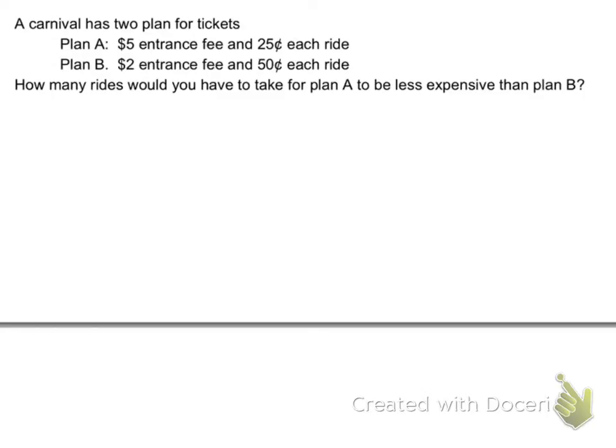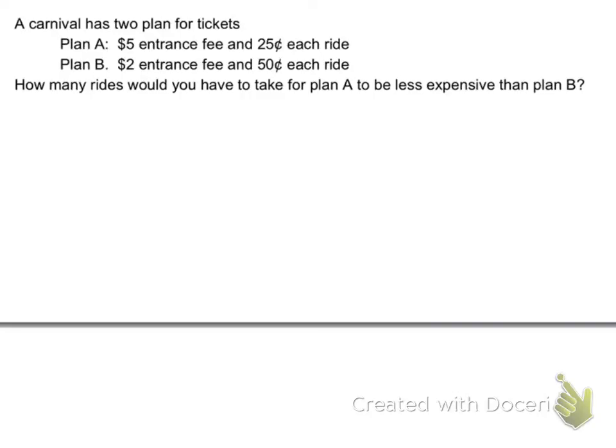So now we're starting to get into the word problems using inequalities, and this kind of goes back to real life. You guys very well could go to a theme park and want to buy tickets for a ride, or you could maybe buy a wristband for so much. How many rides would you have to go on to make the wristband, which usually costs more for unlimited, right? Or a reduced price?